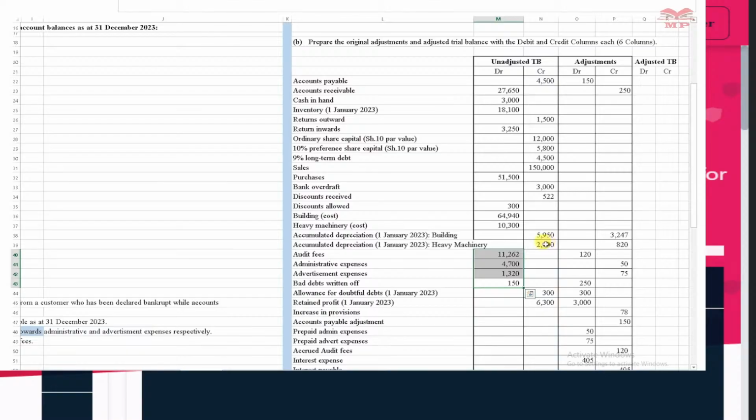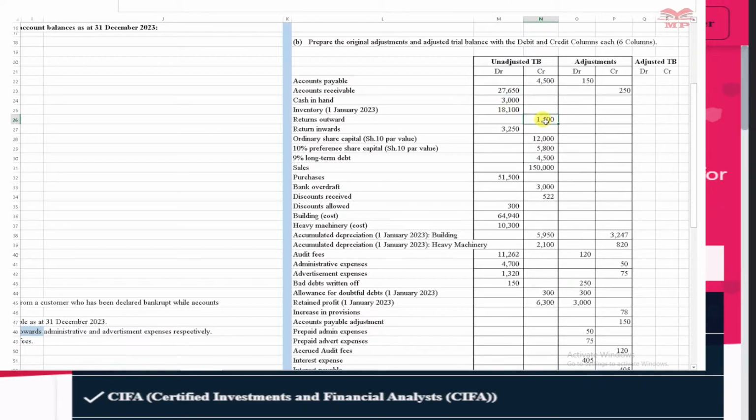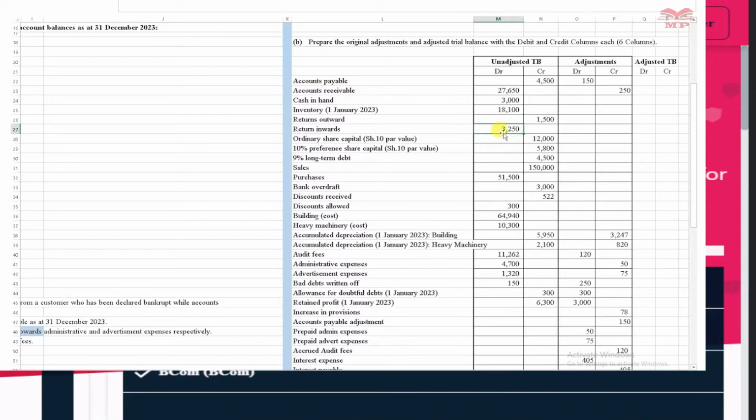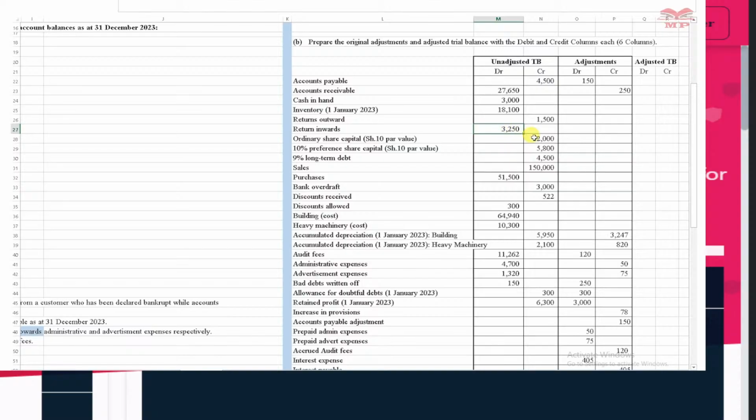If this doesn't balance, then of course the adjusted trial balance is not going to balance at all. So this is going to be 1500. It was over there, yes. 3250. This was of course return inwards, always over there, and these values I've just picked from the income statement right over here.